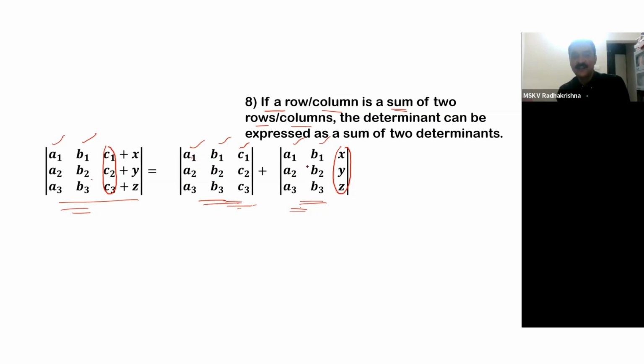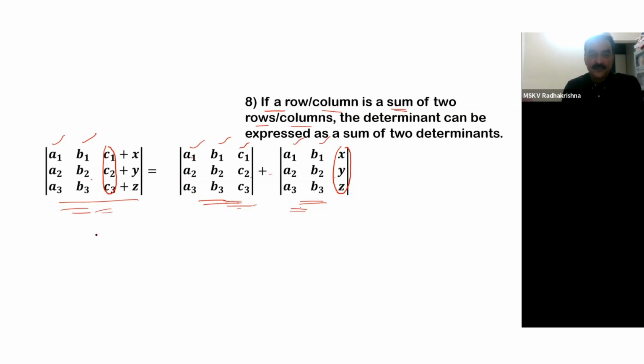Here the first and second columns are identical in these two, so we can add these two in this way. Similarly, you can add two determinants if two corresponding rows are identical. So for adding two determinants, either two corresponding columns must be identical or two corresponding rows must be identical. All right. And similarly for subtraction, for addition or subtraction, the rule is the same.